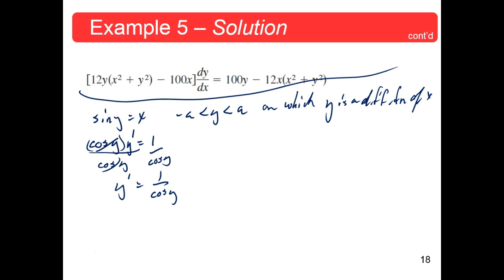It says now find the largest interval of the form negative a less than y less than a on which this is differentiable. Where would it not be differentiable? Vertical tangents. And where would that be?